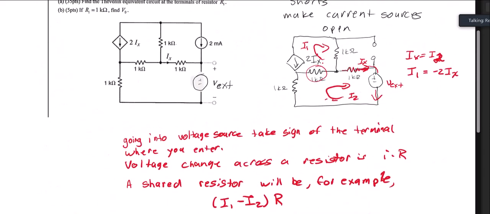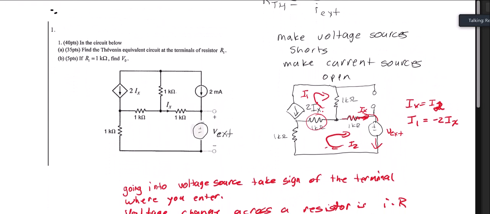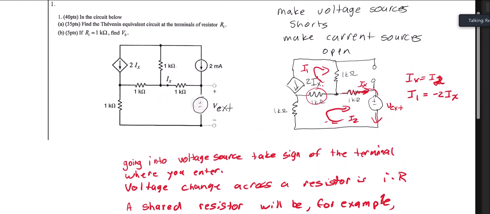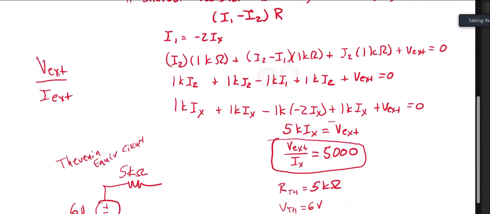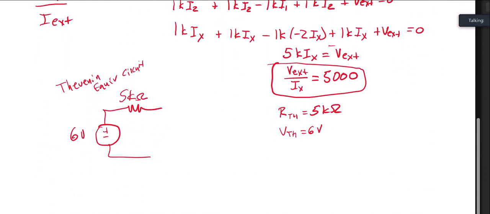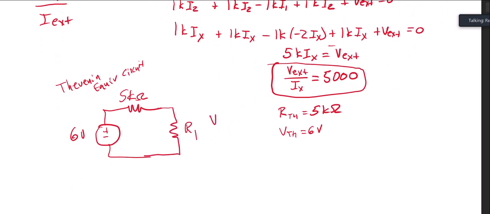And then part B of the question was, if R1 equals 1 kilo ohm, find VO. That would mean going back and looking at what the circuit looked like before, where R1 is right here, and we have VO here and here, and R1 is 1 kilo ohm. Well, this is easy. There are a couple ways to do it. One way is to find the total current and then use Ohm's law. Another way is just to use voltage division.